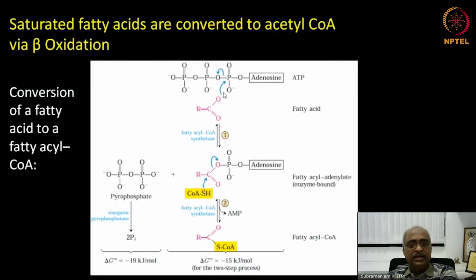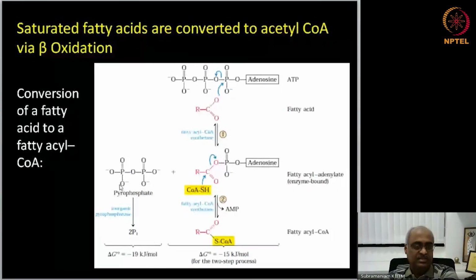This anhydride formation releases pyrophosphate, which readily hydrolyzes, and that again drives the reaction in this direction because of the stabilization by hydrolysis of one of the products formed from this reaction, which is inorganic phosphate. So overall, this has a negative delta G.